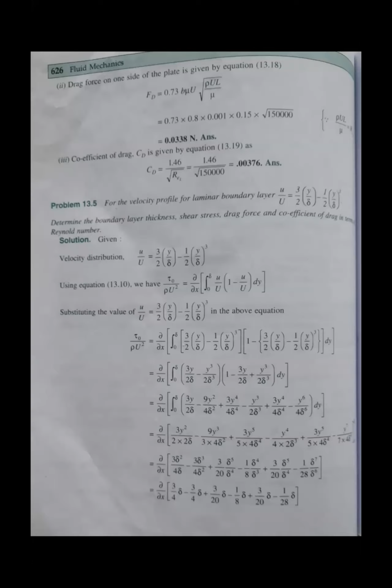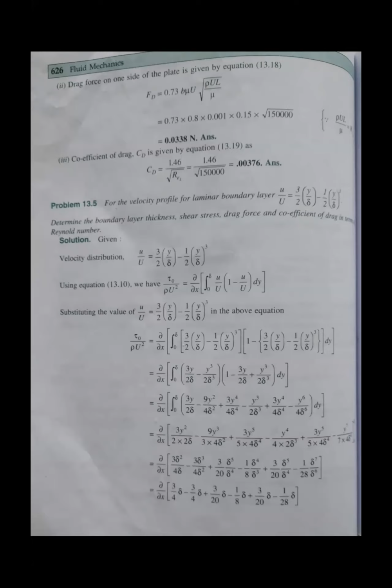U into 1 minus small u by capital U into dy. So here the algebra, in the bracket, in the momentum thickness we will have three terms: 1 minus 3 by 2 y by delta plus 1 by 2 y by delta whole cube. Outside the bracket, small u by capital U involves two terms.